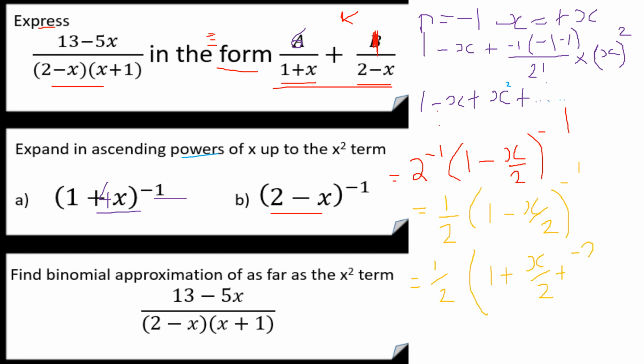Sorry, I'm doing it in one stage here, divided by 2 factorial. So 2 factorial, if you're not sure what that means, just means 2 times 1. So n factorial just means n times n minus 1 times n minus 2, and so on and so forth, until you get to the number 1.